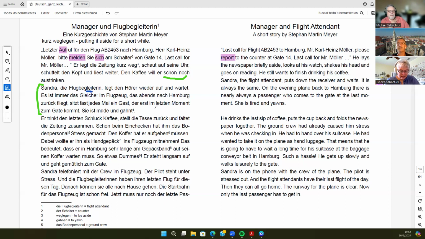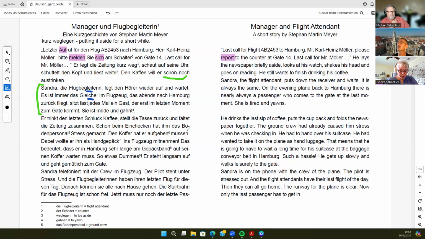Legt den Hörer wieder auf und wartet. Es ist immer das Gleiche.